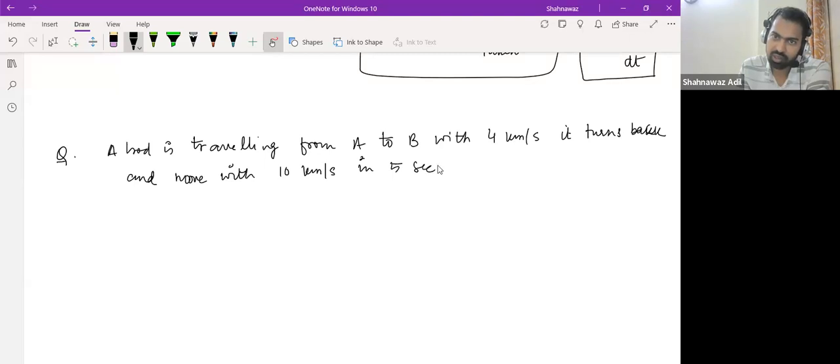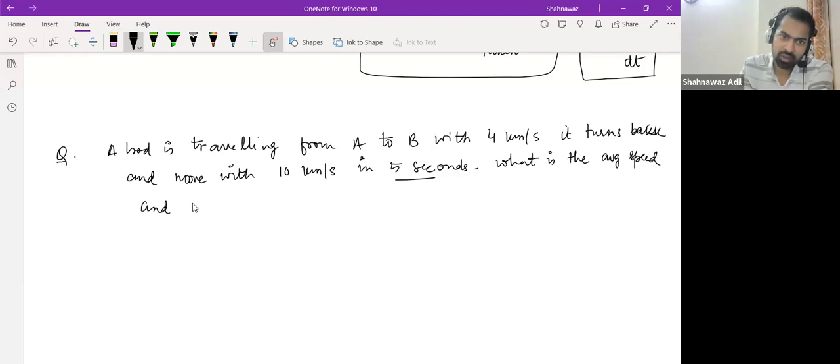This is the total time. What is the average speed and average velocity?